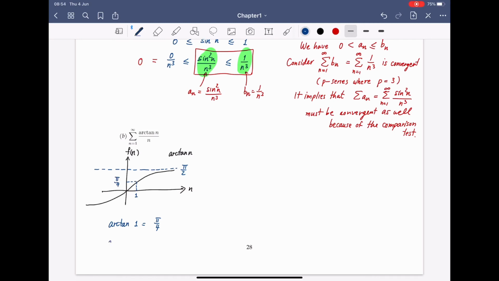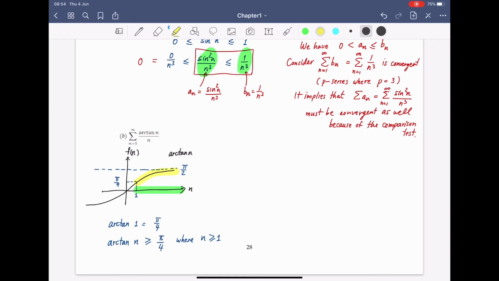It means your arctan n is going to be at least pi over 4 when n is bigger than or equal to 1. So when n is bigger than or equal to 1, you see the part I highlighted in green, your graph has already passed the point where the y value is pi over 4.